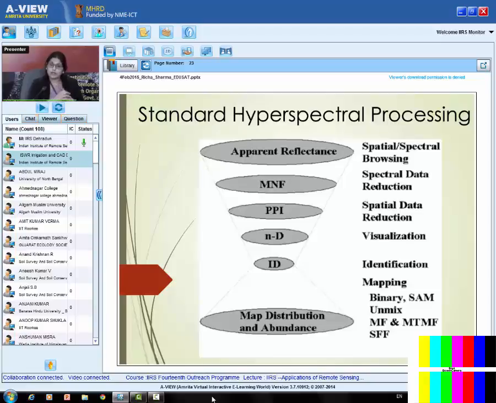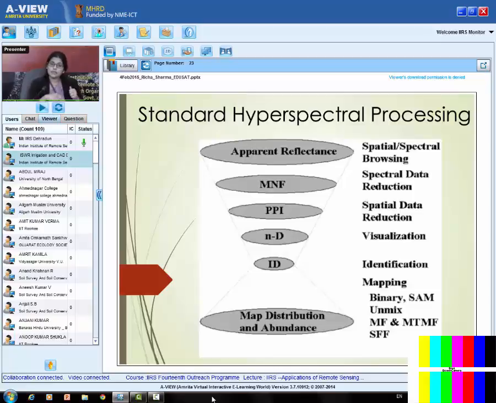Then after the spectral data reduction, the next step is the spatial data reduction of the image. So first, with the help of the apparent reflectance, we have removed the effect of atmosphere. Then with the spectral data reduction, we remove the noise and reduce the dimensionality of the data, so that for fewer bands, the information of all the bands is there.